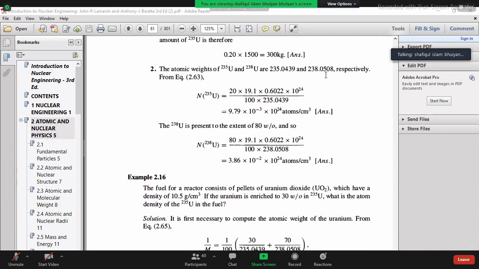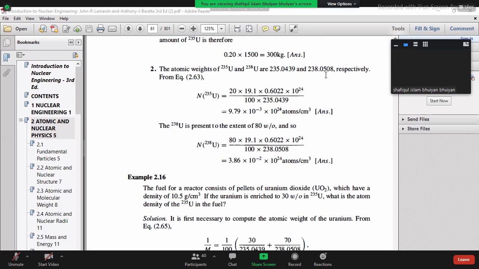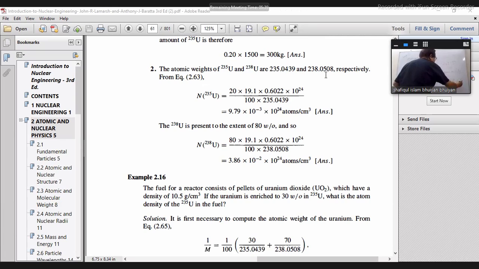So this will be something like 88.1. Okay, I did not do the calculation. You will do it. This will be 88.1%.